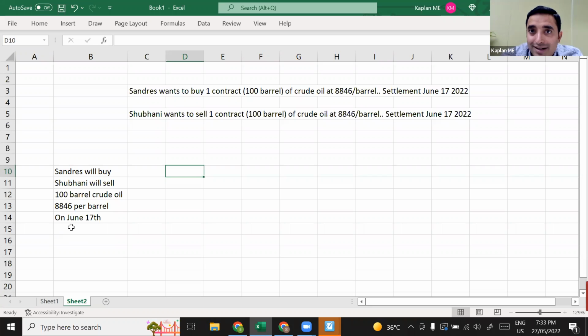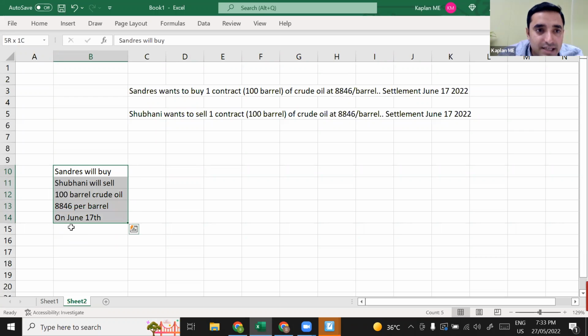This is where you'll need to understand exchange plays a very important role, right? Because when Sandras said Sandras will buy, Shubhani said Shubhani will sell, the way it works is, a trade gets divided into two different trades, right? So basically this trade that you see here gets divided into two different trades in the real world.